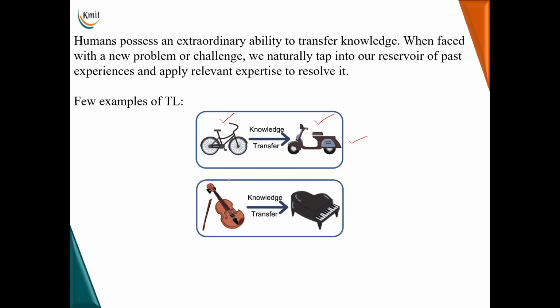In the second example, if you know how to play a violin, the knowledge of playing a violin can be transferred to learning how to play a piano. This is what transferring of knowledge in humans is.